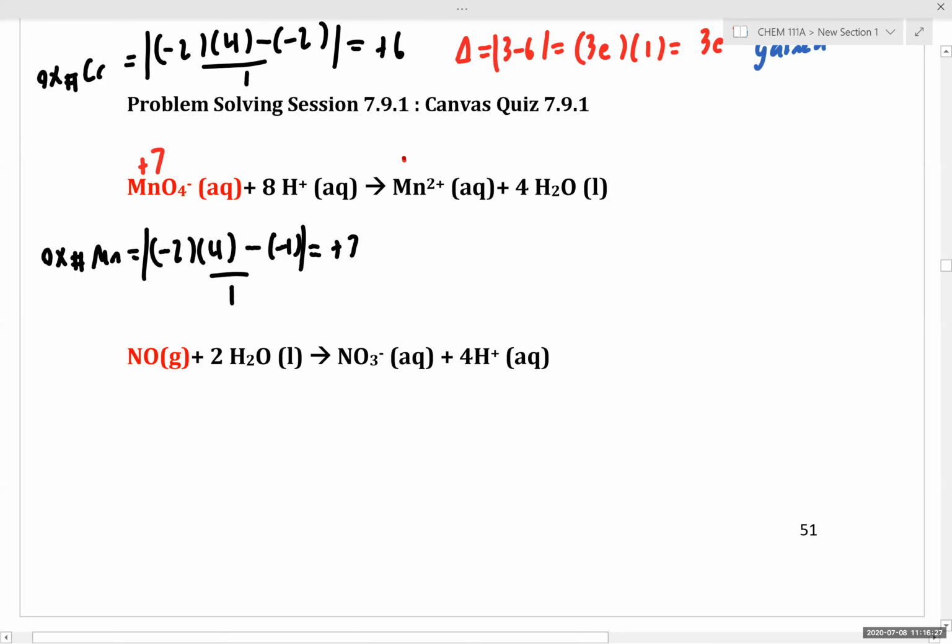In manganese 2 plus, it's +2. So our difference is 2 minus 7, so we have 5 electrons times 1 manganese atom, which gives us 5 electrons total.